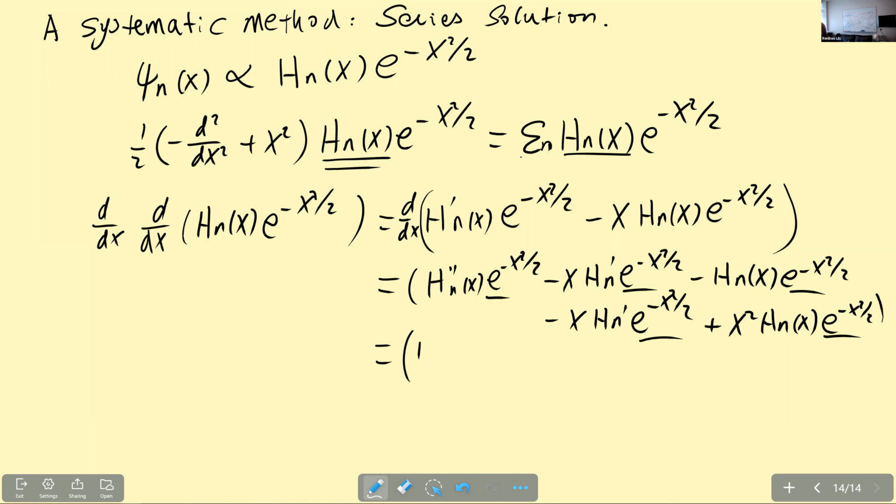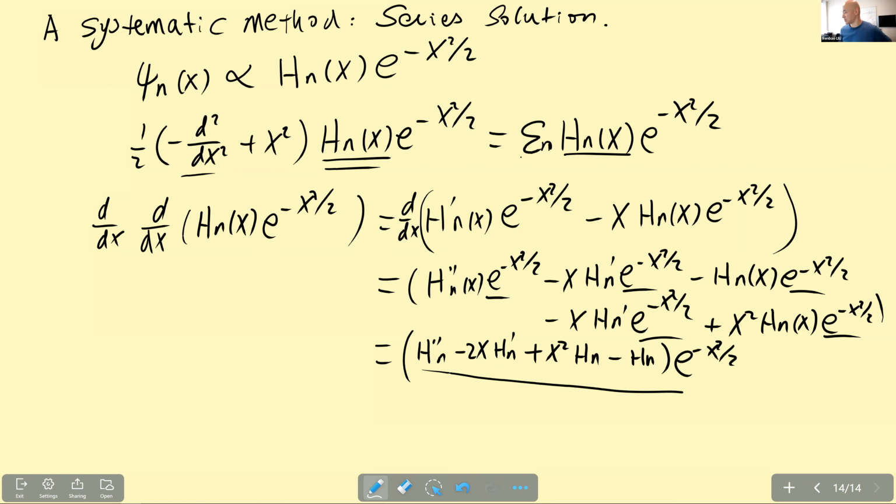That gives you h m double prime minus 2x h m, the first order derivative, plus x squared h m, and then minus h m, times e to the minus x squared over 2, right?